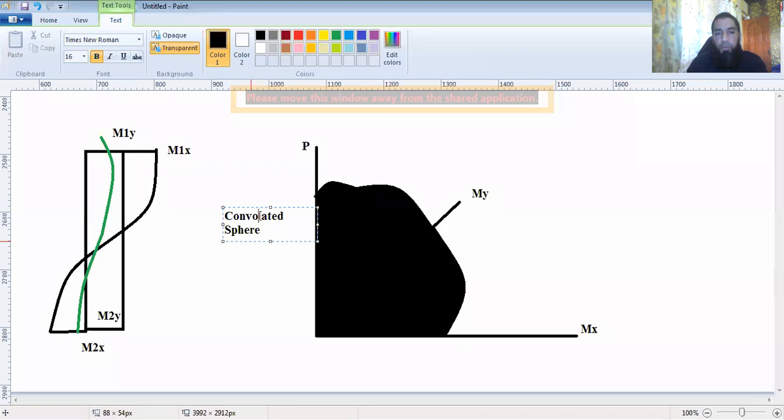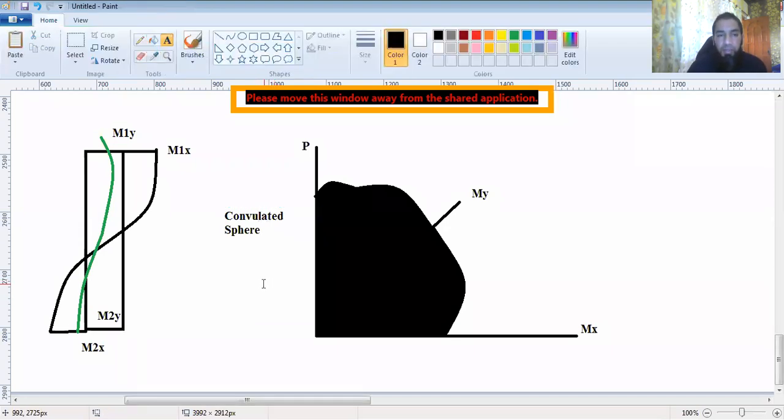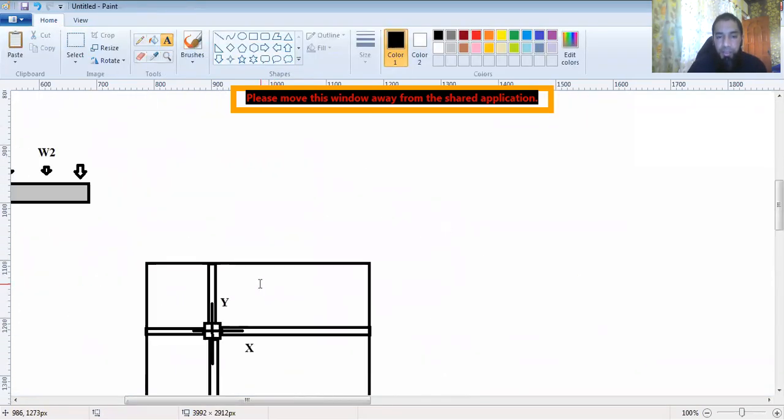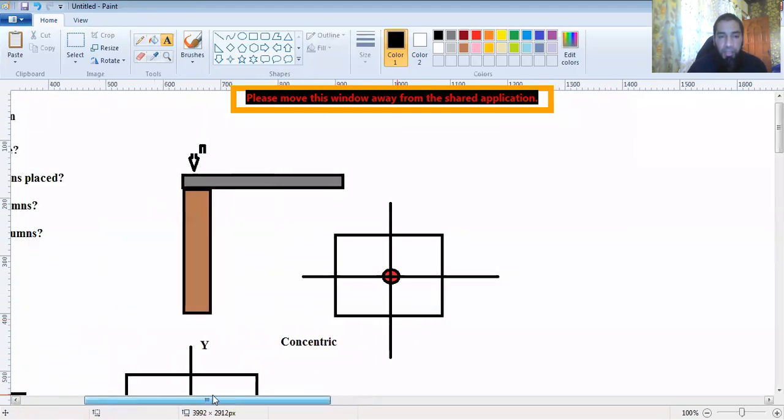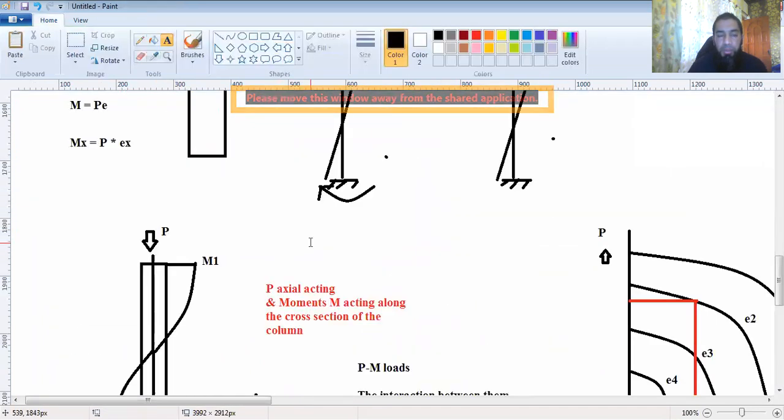Now, convoluted sphere. This is a PM interaction sphere. It's a 3D body that you are getting when you have a biaxial eccentricity. Now, how much is the eccentricity? This is the question.